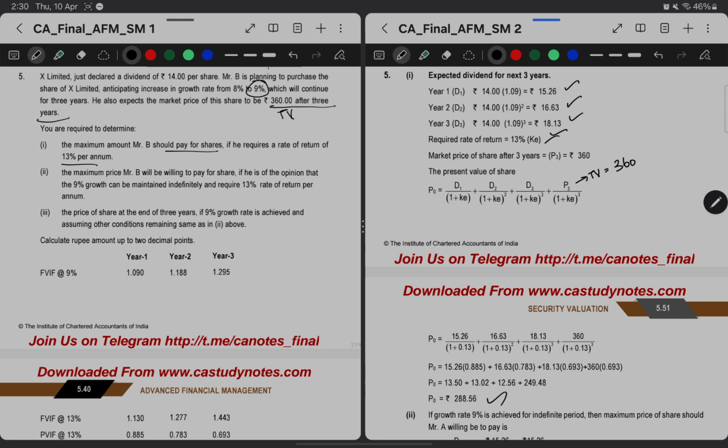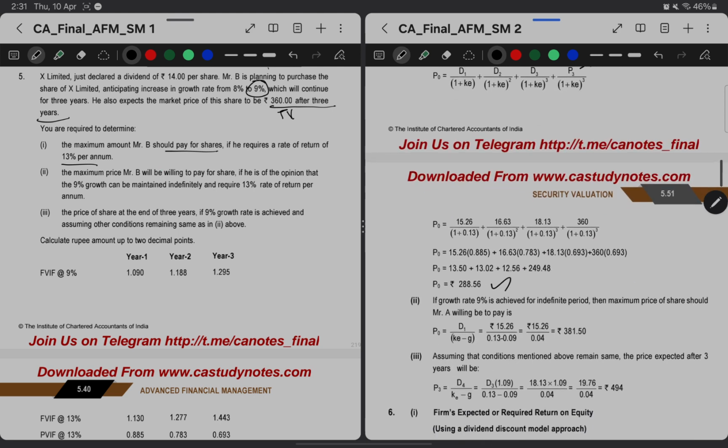willing to pay for the share if he is of the opinion that 9% growth can be maintained indefinitely and requires a 13% rate of return per annum. So in the second case, we will not be considering this terminal value; we will be considering 9% growth perpetually. So we can apply the same dividend discount model, wherein P0 equals D1 by Ke minus g.